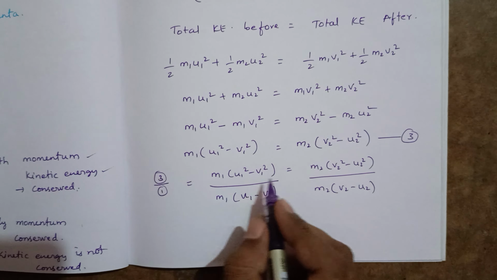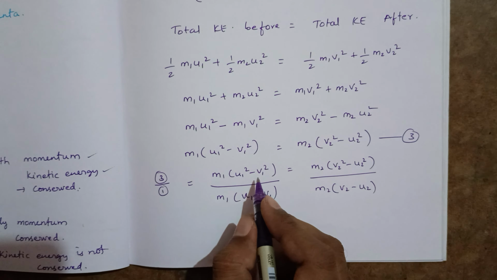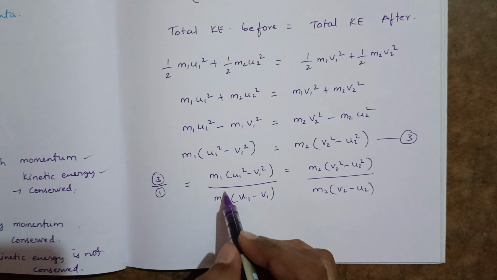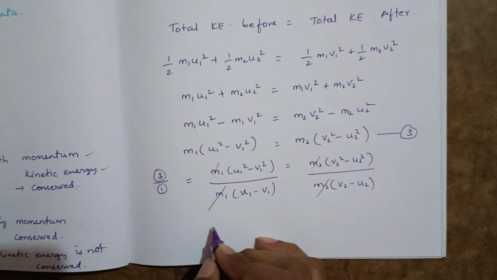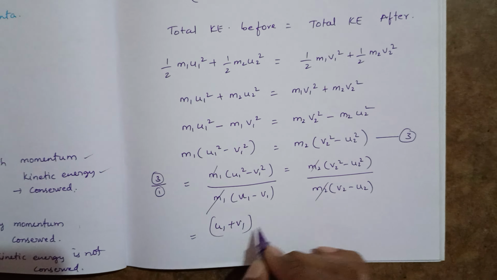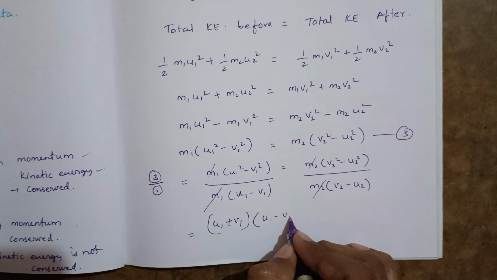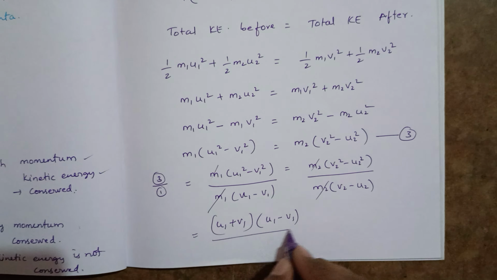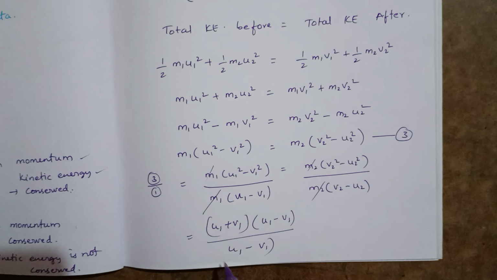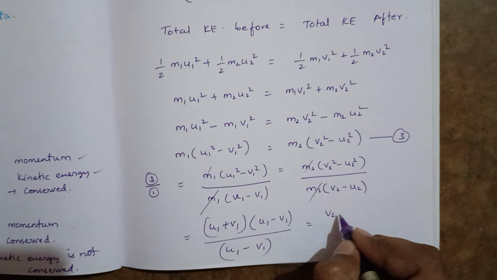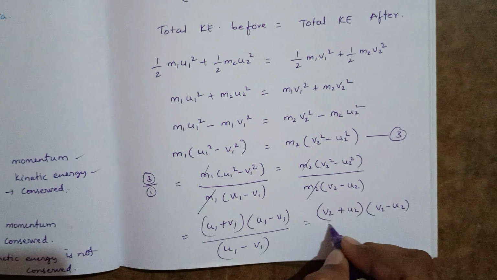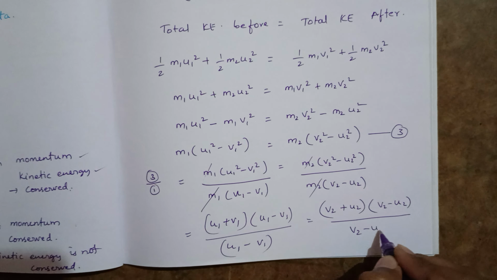We can write a squared minus b squared as (a plus b) times (a minus b). So u1 squared minus v1 squared is (u1 minus v1) times (u1 plus v1). Before that we can cancel m1 with m1 and m2 with m2. So what is remaining? (u1 plus v1)(u1 minus v1) by (u1 minus v1) equals (v2 plus u2)(v2 minus u2) by (v2 minus u2).